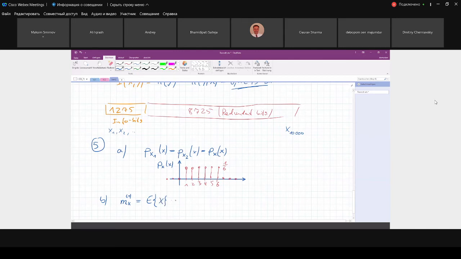So what is the expected value of x? In this case, it's easy because we have equally distributed values. We could say this is 1 by 6 times 1 plus 1 by 6 times 2 plus 1 by 6 times 3 and so on. Or we can say 1 plus 2 plus 3 plus 4 plus 5 plus 6 divided by 6, which is the same.